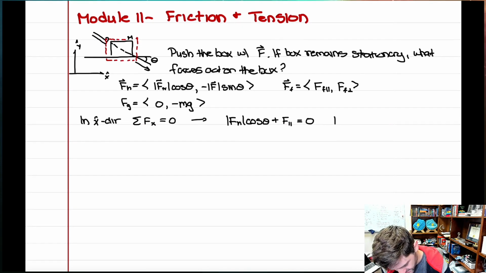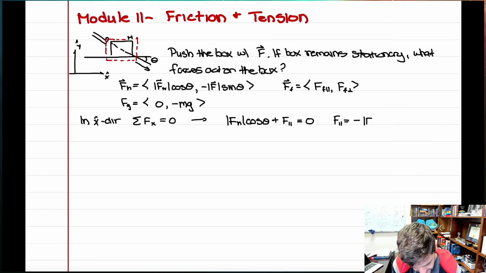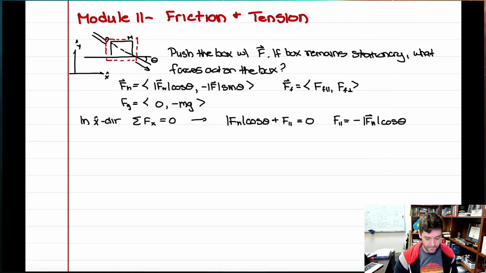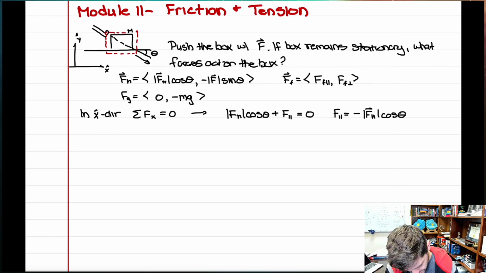Namely, the floor better have a horizontal force component that is equal in magnitude and opposite in direction, not because of Newton's third law, but because of Newton's second law, to balance out the force from the hand. This horizontal component is friction.